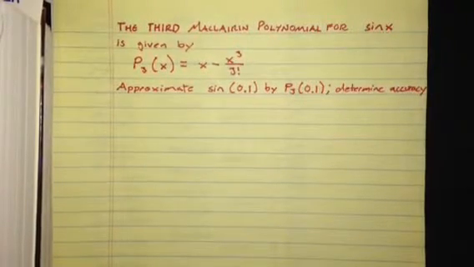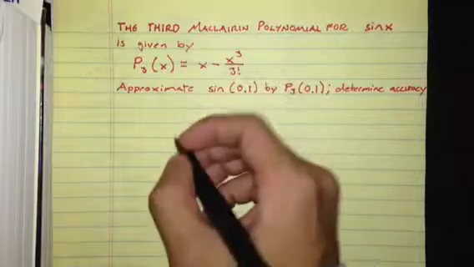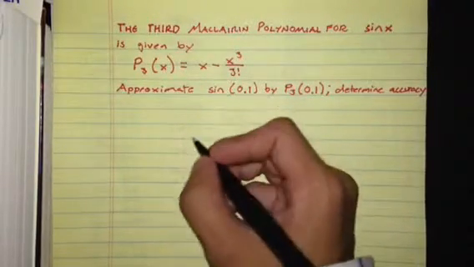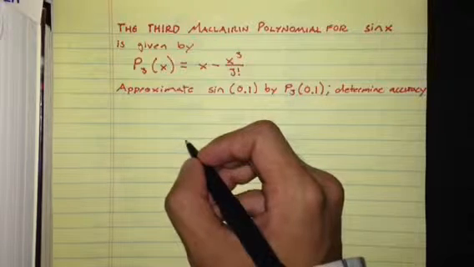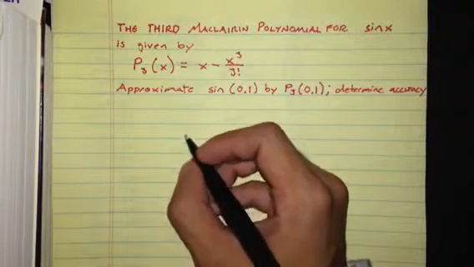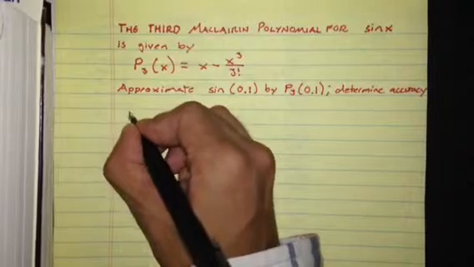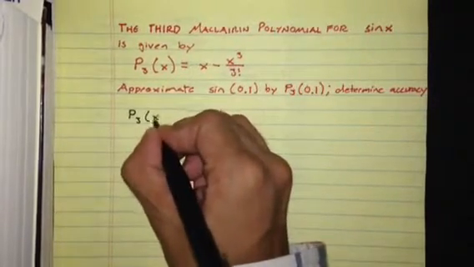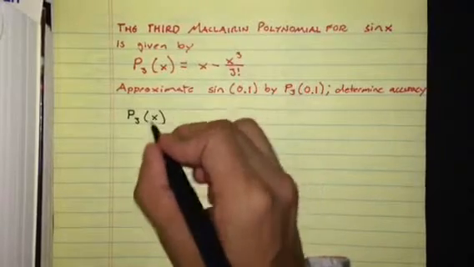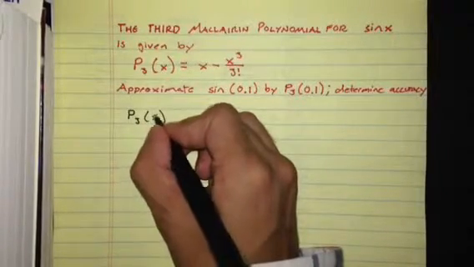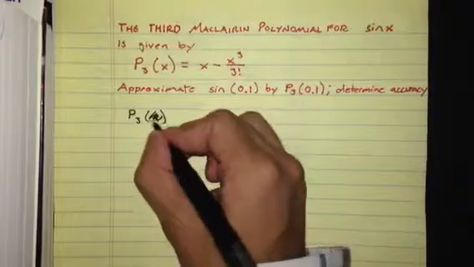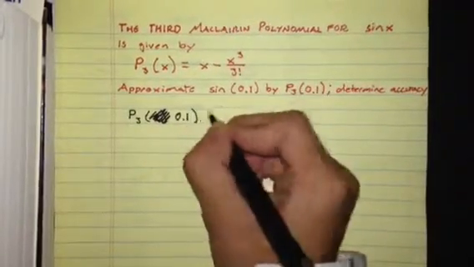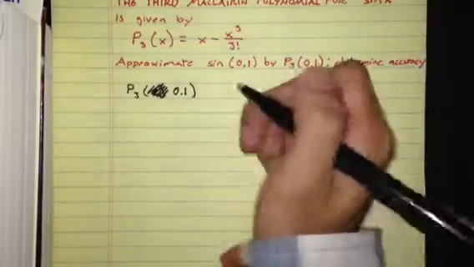Okay, so the first thing we're going to do is solve for the polynomial, p of x. Now you're going to find p sub 3 of 0.1.